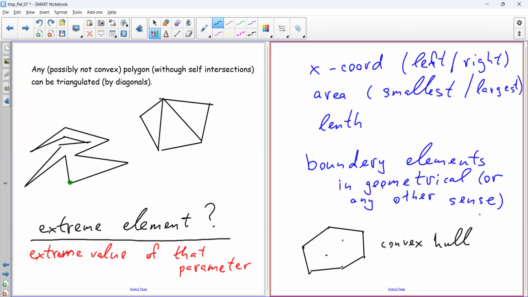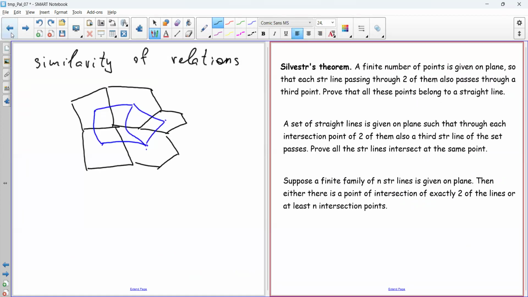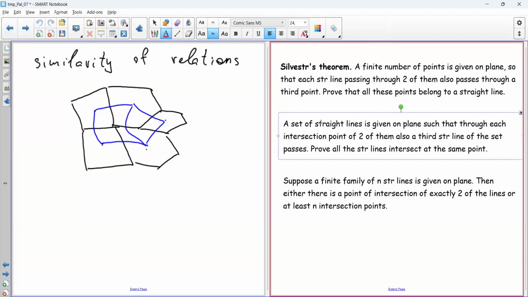And the second question about the set of lines: is it a finite set of lines or an infinite set of lines? Finite. It's dual for this problem, just preserving everything but the types of the objects: all the straight lines inverted to points and all the points inverted to straight lines.